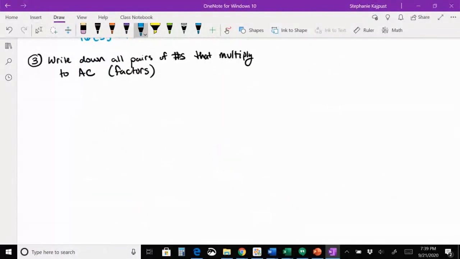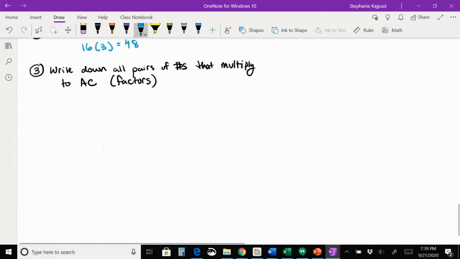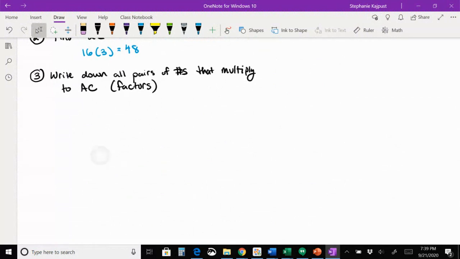So this is the part where you end up having to do some sort of guessing, because you have to figure out what numbers multiply to this value. This is the hardest part, basically, to write down all of your pairs. So I usually just start with 1. To get to 48, I'd have to multiply 1 by 48. Then I just keep counting up on the left.